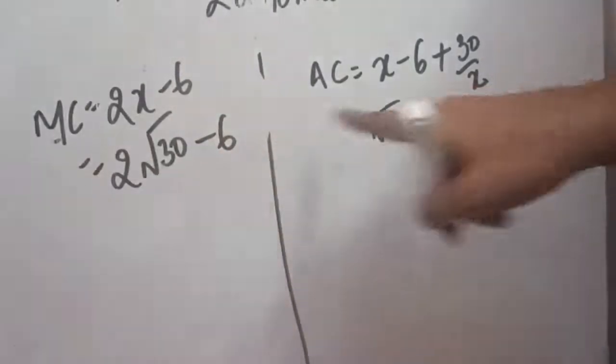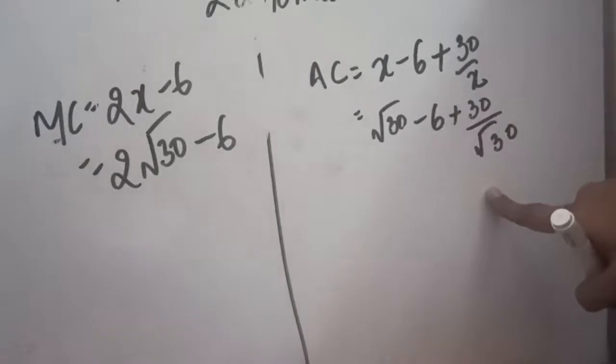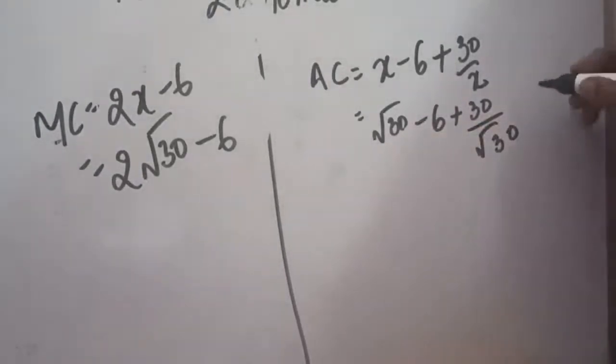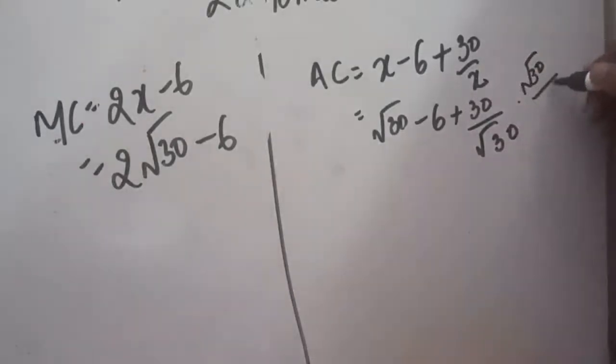Now we have to prove that this is equal to this. So now what we can do is either we can take the LCM, or we can do one more step. We can multiply and divide this with the help of under root 30.